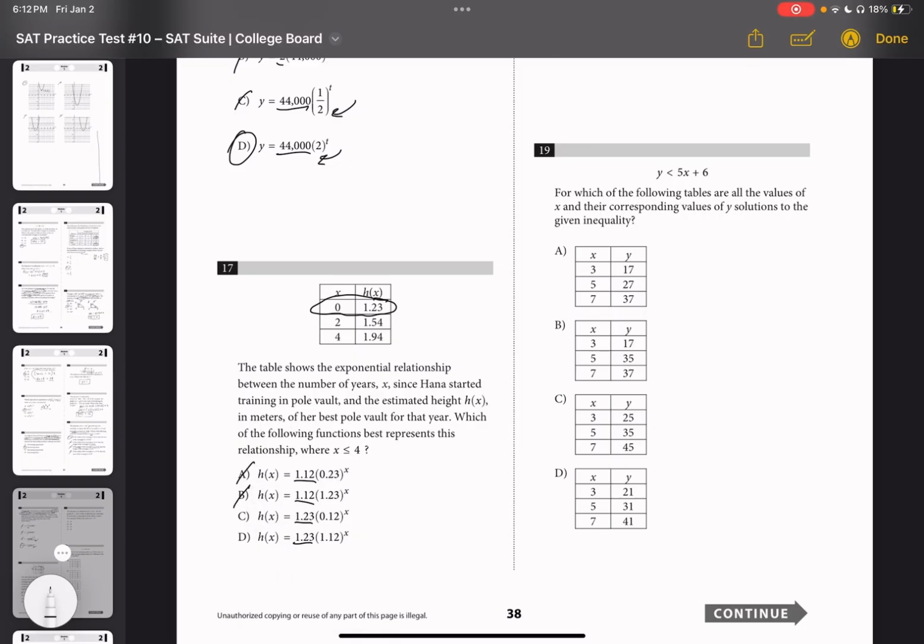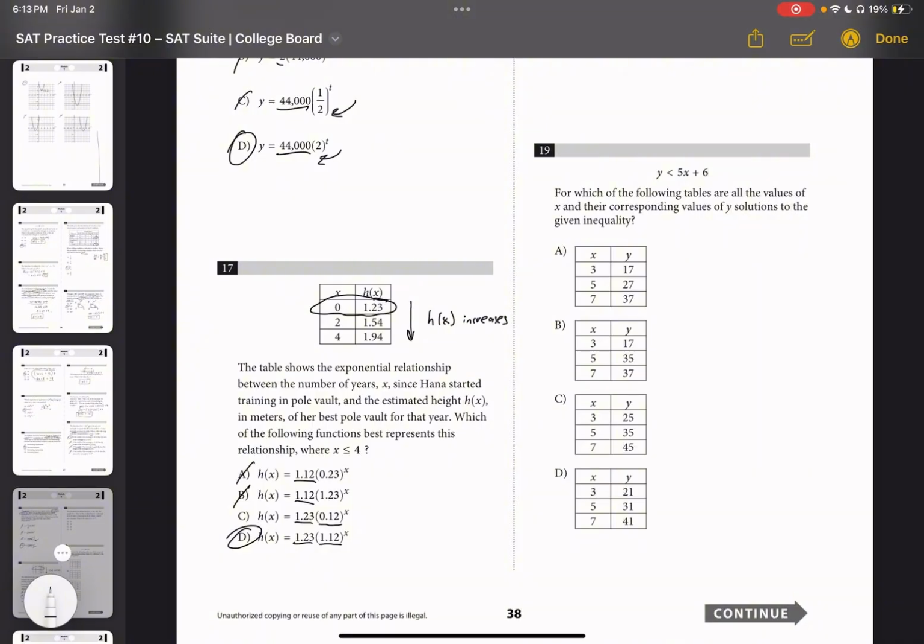So these are incorrect, and this leaves us with these two answer choices. And as we increase x from 0 to 4, our h of x increases. So we know that our value in between the parentheses has to be greater than 1, because if it's not greater than 1, it's going to be decreasing. Therefore, answer choice D is the correct answer.